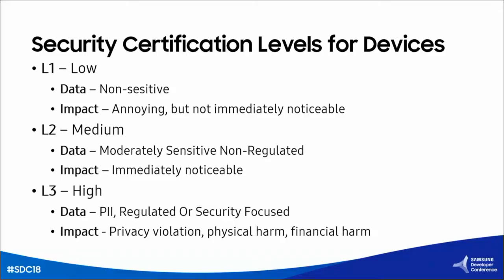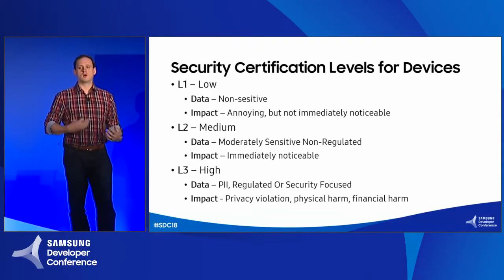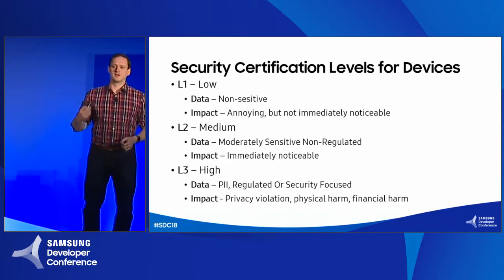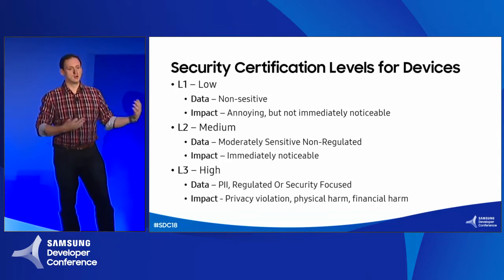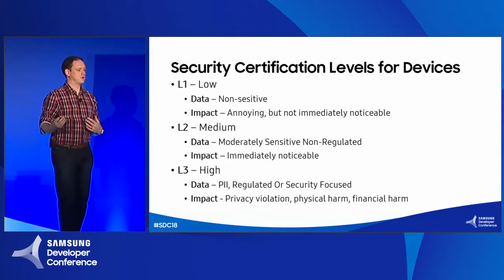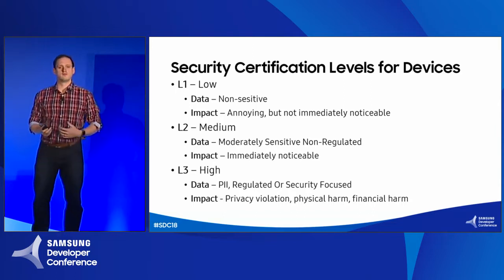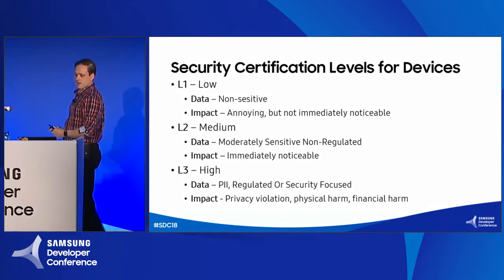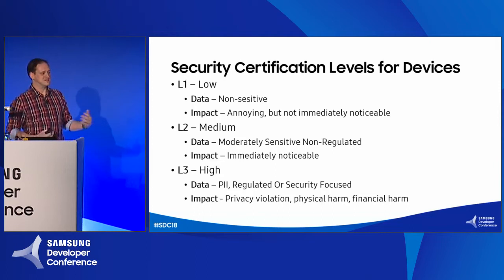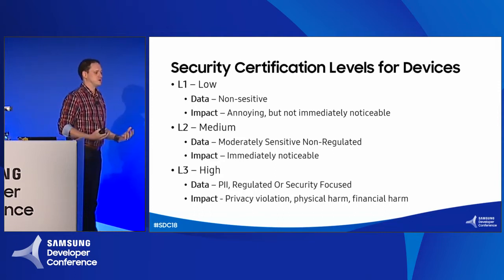So we have a number of certification levels for devices. And these are all, if you are a direct to the cloud device, so went and got the SmartThings device kit, and you're connecting directly to our cloud, there's 3 levels of certification. Level 1 is this low-level certification.